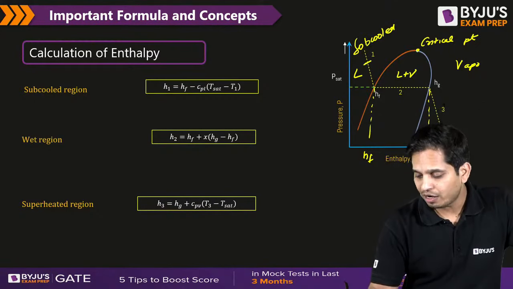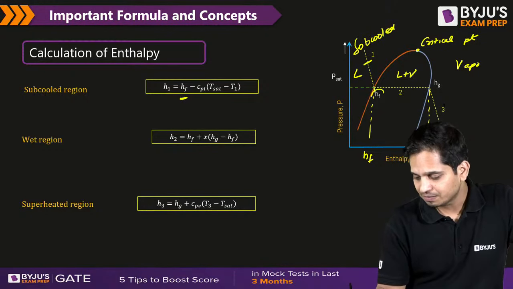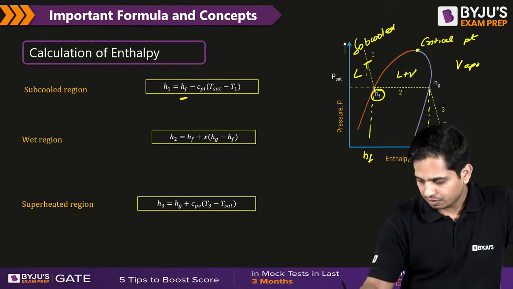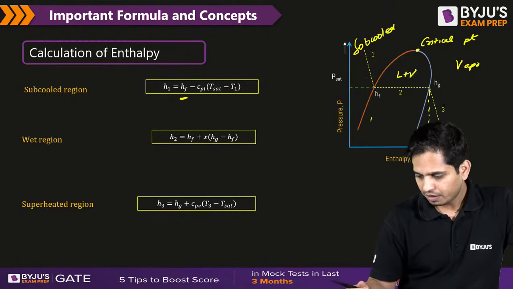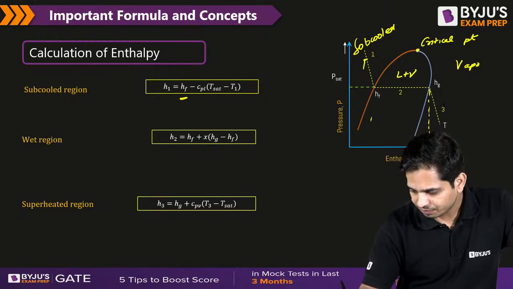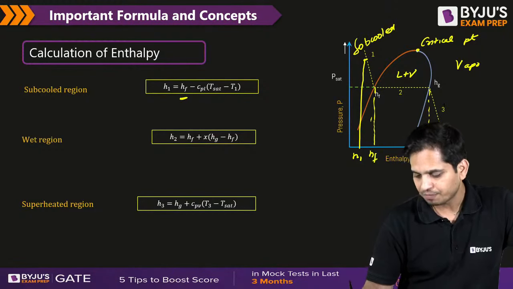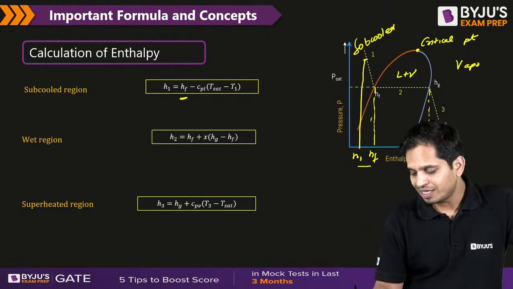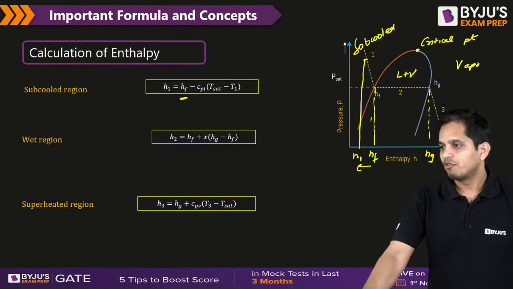If I say calculate enthalpy here, you will put HF means this. You need to calculate it here. This is your H1, and you know this HF. So to calculate this, you need to subtract something from HF.